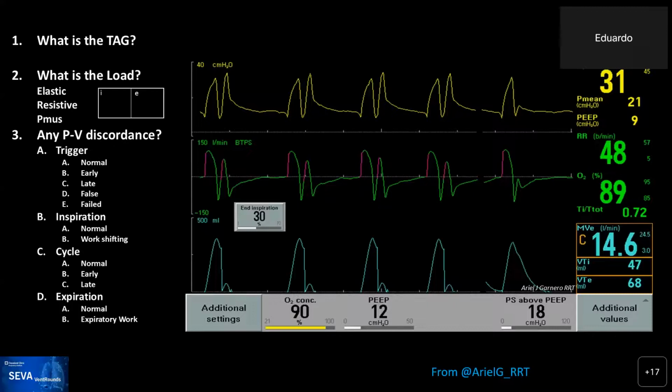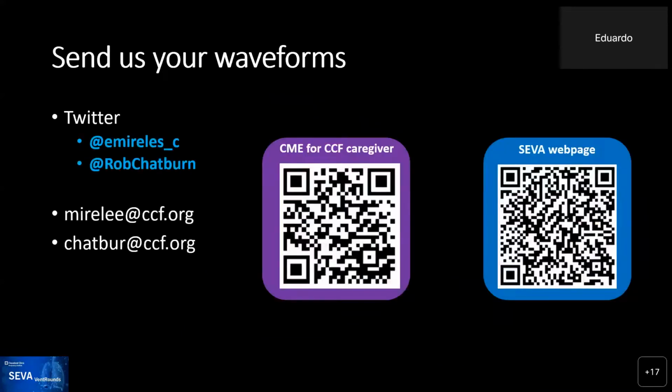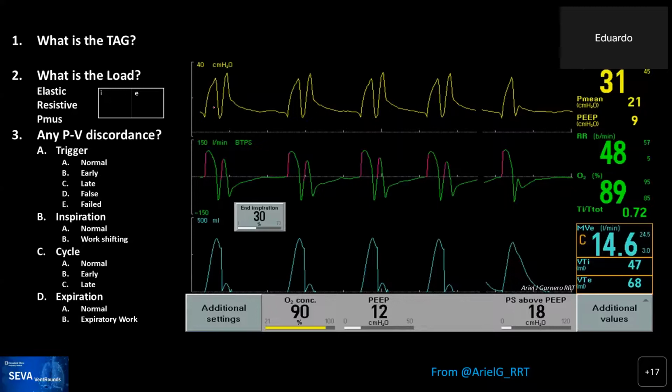So what is the tag on this mode, just from watching what we have here? It is pressure. It seems the I time is not set, and you can see two different breaths, even though it double triggers: the second one has a very short inspiratory time, and the first one has a long inspiratory time.